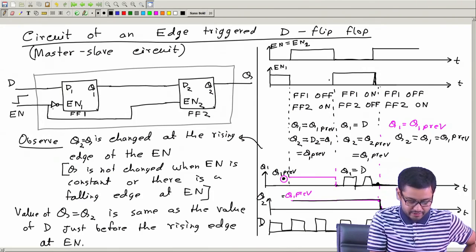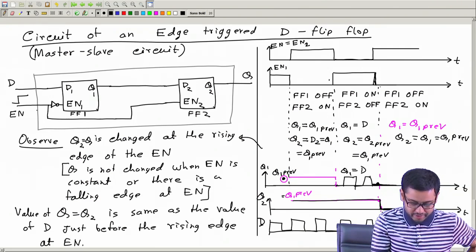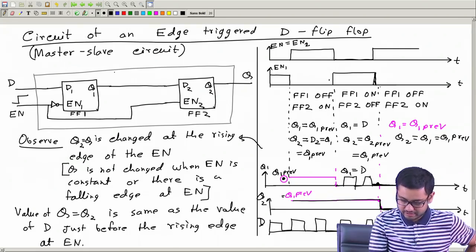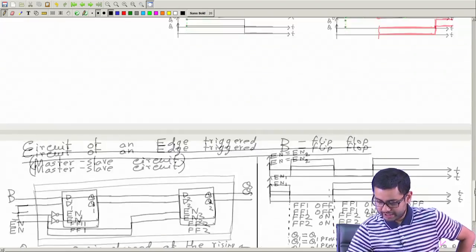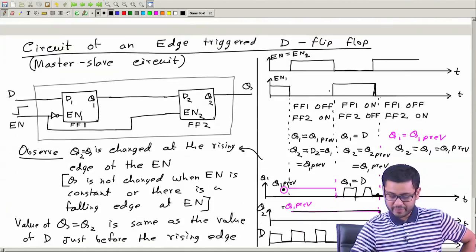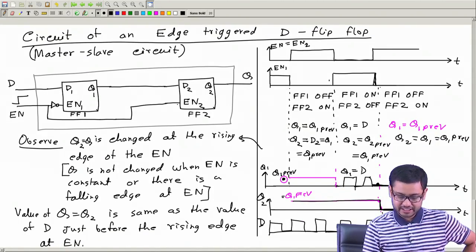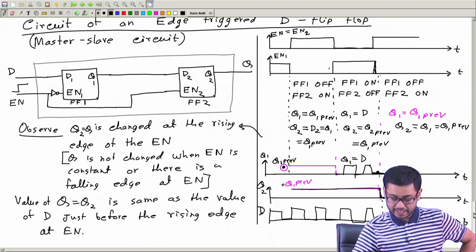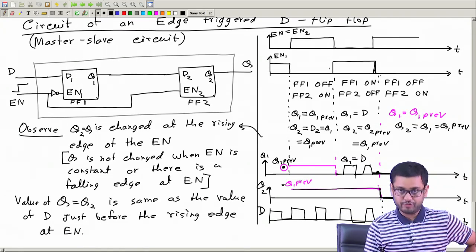You can denote it with this symbol. So what we have made is a rising edge triggered D flip flop.